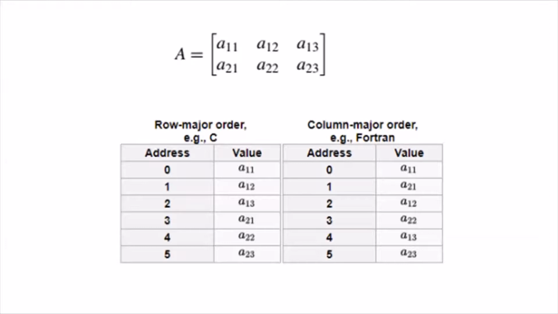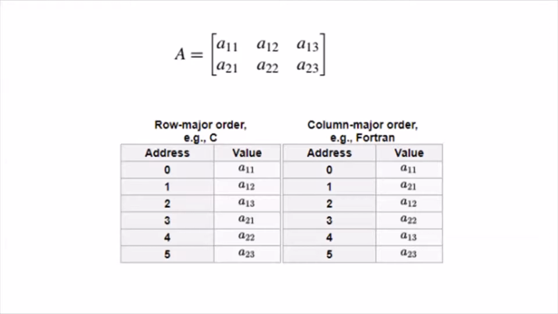For example, the array A, having the first row elements as A11, A12, A13 and A21, A22 and A23 in the second row, will be stored as shown in the figure for row major and column major ordering.